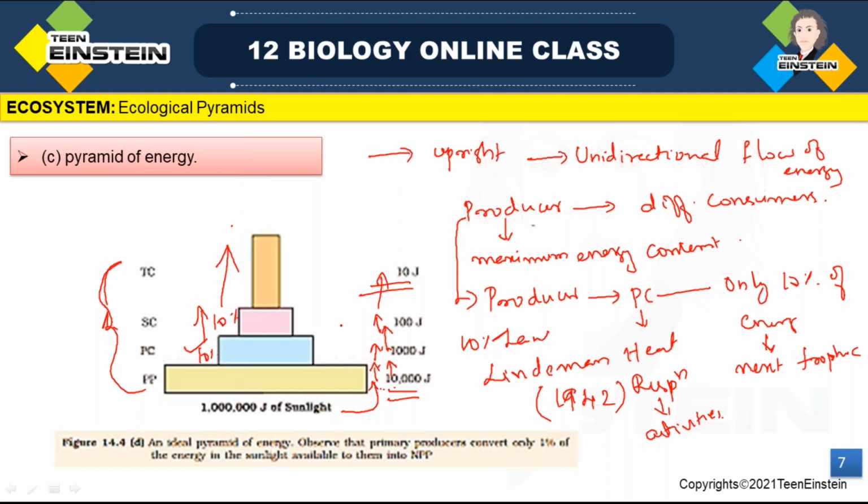So when it is moving to a higher trophic level, only 10% is moving, and the rest of the energy is wasted, in the sense that it is utilized for respiration and cellular activities, then lost as heat energy.